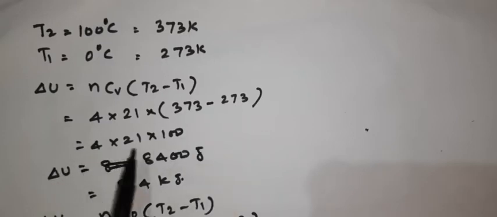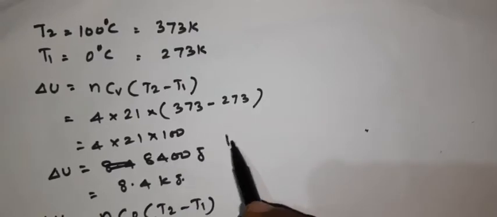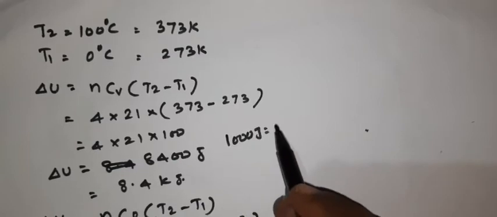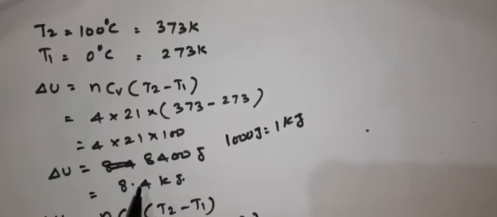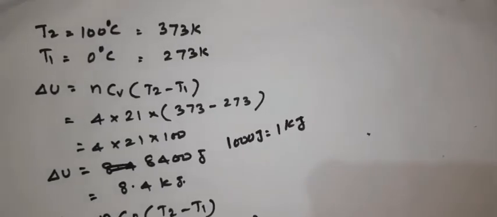Now 4 into 21 into 100, so finally we are getting 8400 joules. Convert into kilojoules, because 1000 joules equal 1 kilojoule. So 8400 joules, we are getting 8.4 kilojoules. So that's all about delta U. Now convert into delta H.